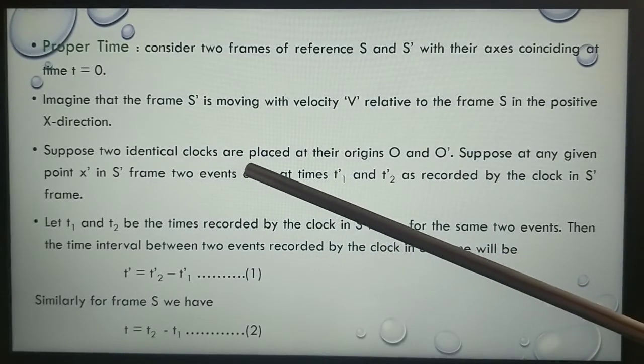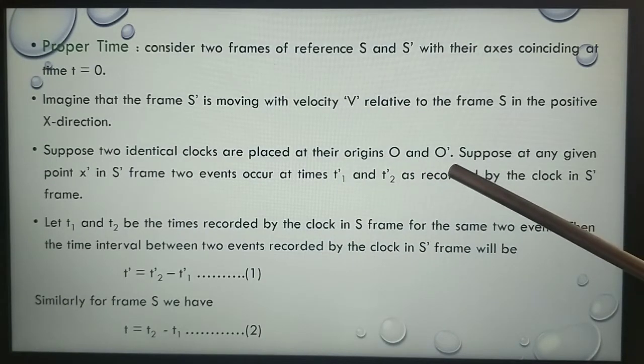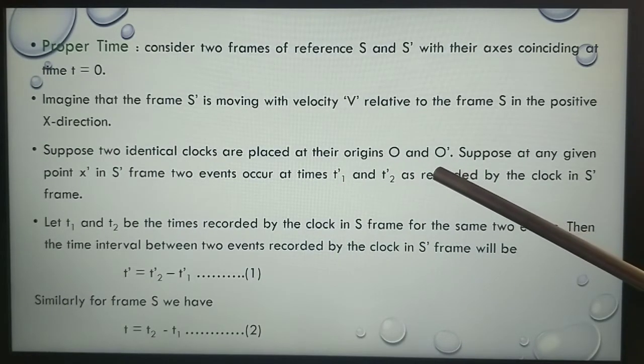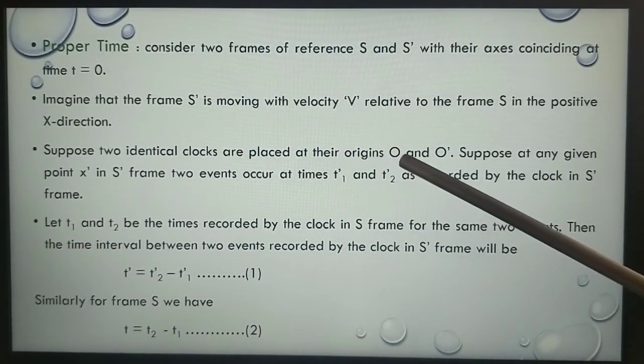Suppose two identical clocks are placed at their origins O and O dash.